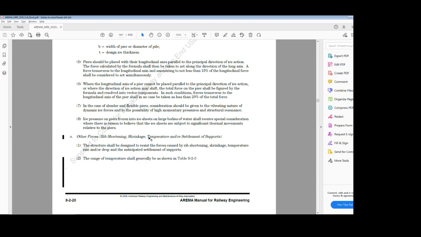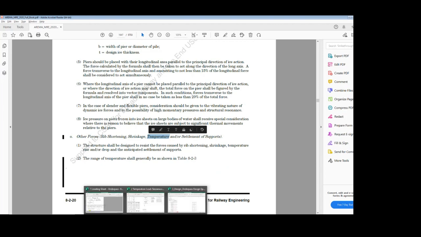This temperature consists of two components: one is uniform temperature, and the second is the temperature gradient. The uniform temperature is for seasonal change, like winter and summer. The temperature gradient is for daily variation, because from sunrise to sunset there is a change in the temperature. We have to take care of these two components.